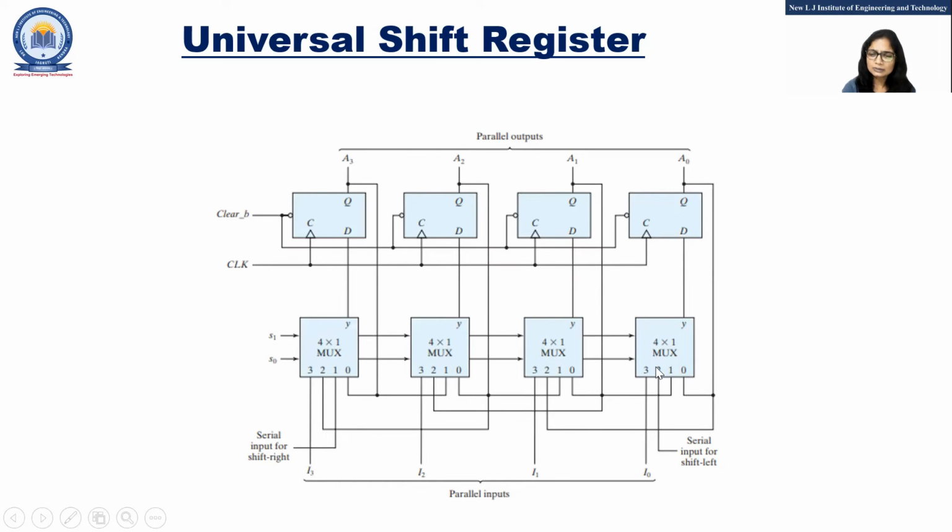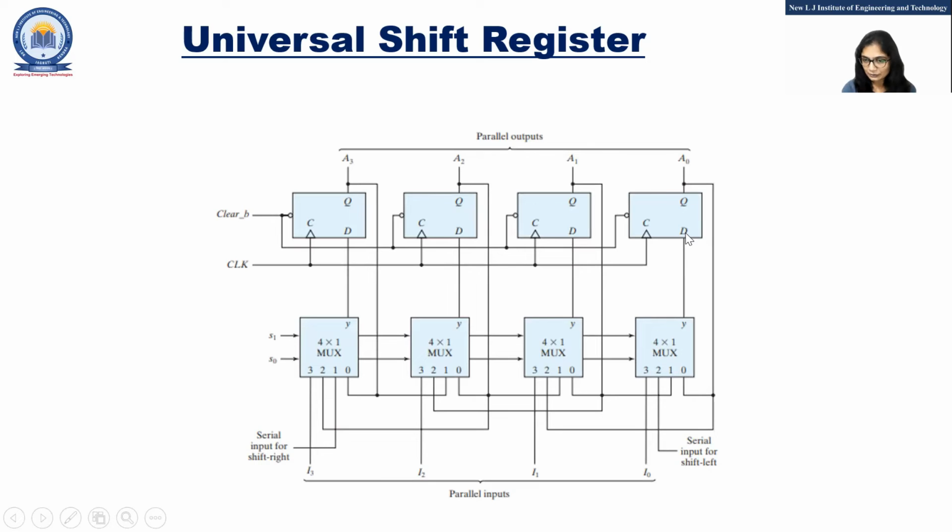The number is given 2 because I have started from 0. So I am applying this data to the third line of this mux. This input line will be selected and this data, either 0 or 1 at a time, will pass to this output line.